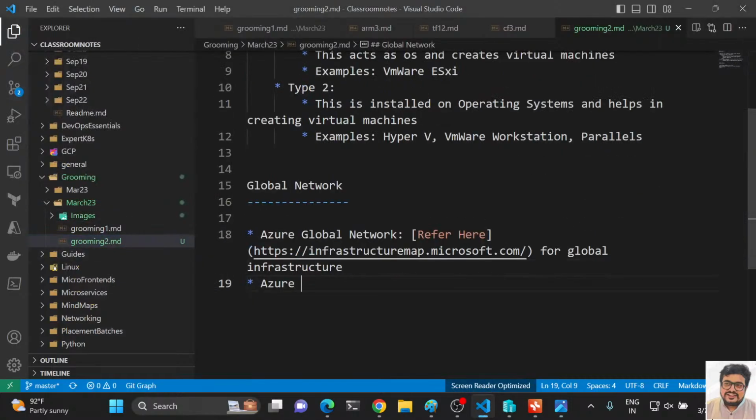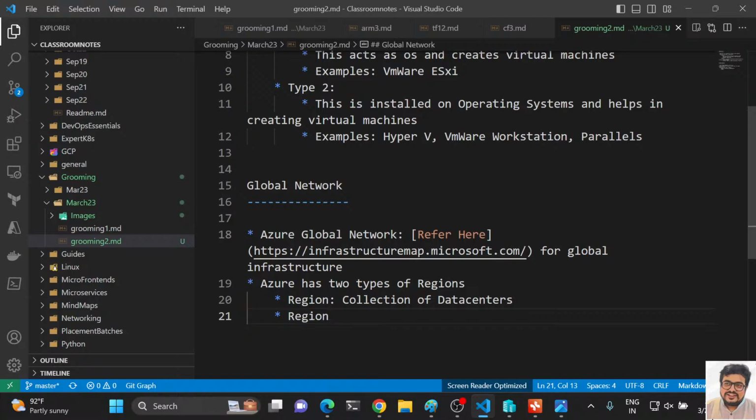Azure has two types of regions. One is region, which is collection of data centers. The other one is region with zones. Okay.